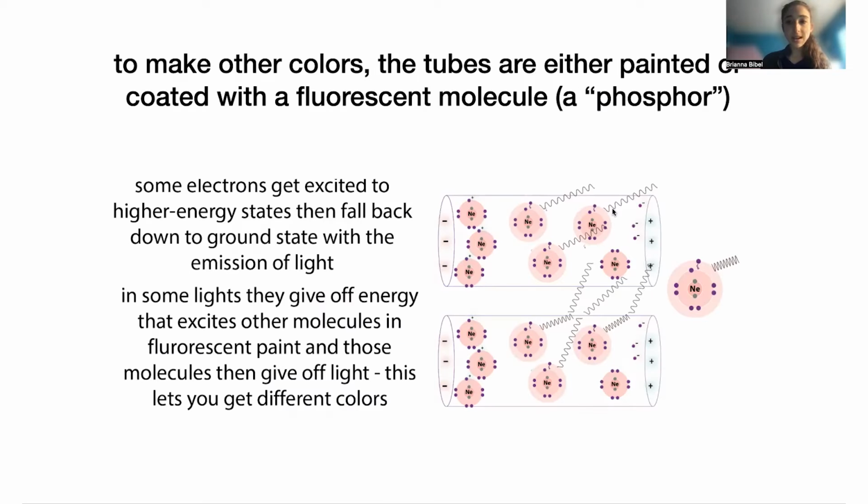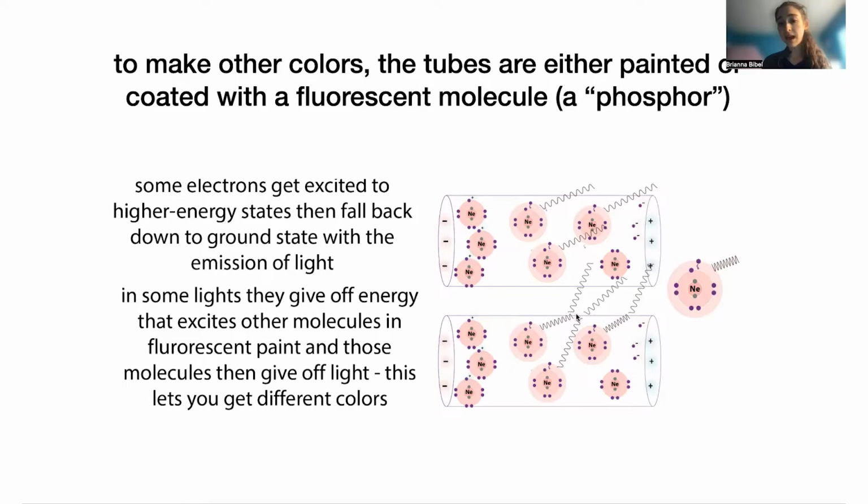And so it turns out you can get a lot more different colors if you have it so that instead of the light that you see coming from the luminescence of those noble gas molecules, you have it come from fluorescent molecules, what we call phosphors, coated onto the walls of these tubes.